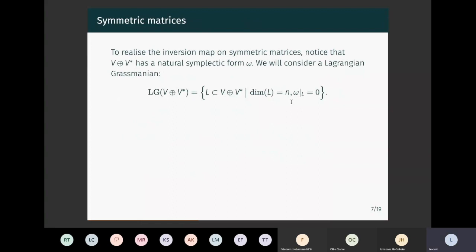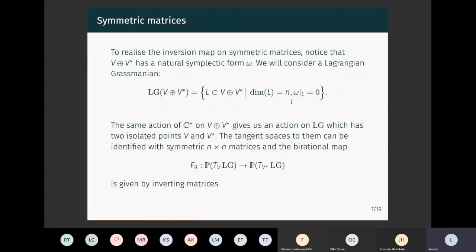Okay, and again, it's easy to see quite explicitly that the action of C star on V plus V dual preserves the form omega. Therefore, the induced action on the Grassmannian of n planes preserves the Lagrangian Grassmannian. So the Lagrangian Grassmannian also comes with this restricted action delta.